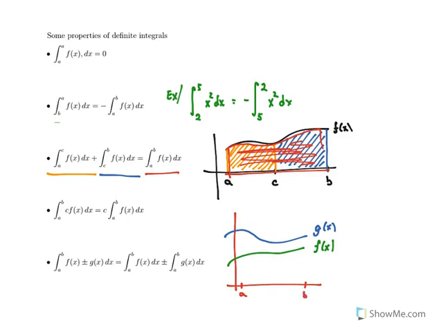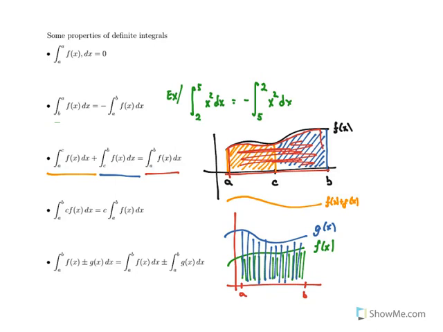If I want to consider the integral of f plus g, which is going to be something up here, adding those 2 things together, I can just think about the area of f plus the area of g.